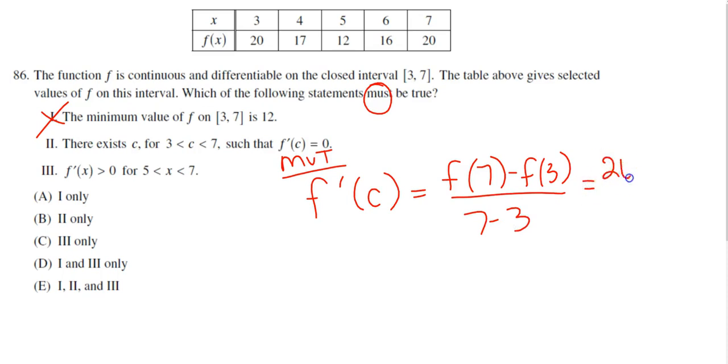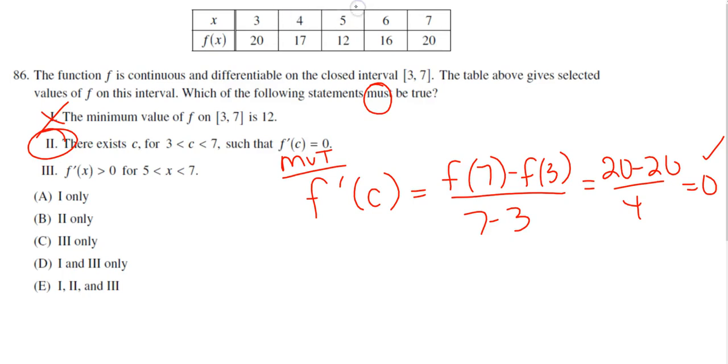F of 7 is 20, f of 3 is 20, and this is indeed 0. So that does work. Okay, that's MVT. Again, if that didn't work, don't assume that none of the others do. You can always check between 3 and 7, like I could have checked 4 and 5, etc.